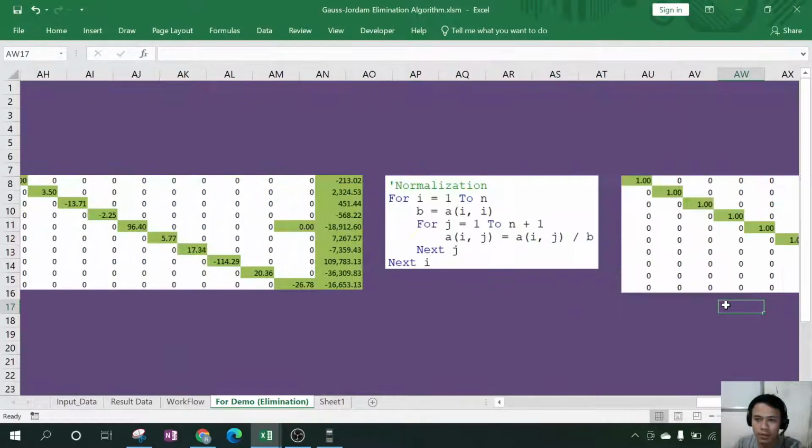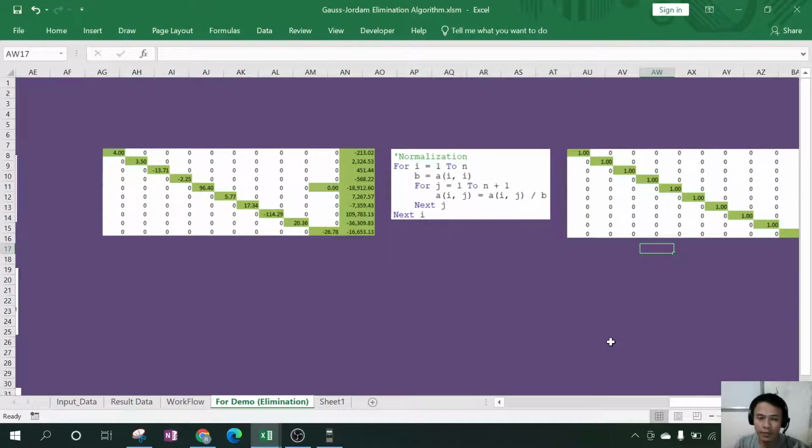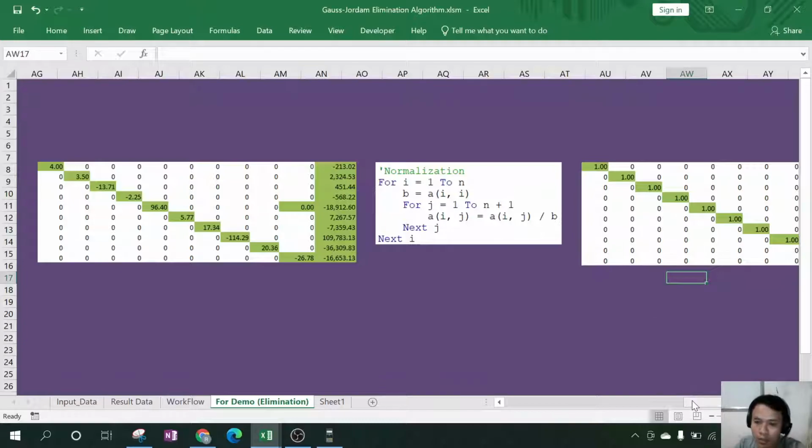Initially our result is this one, but we have to make this coefficient equal to positive 1. So if there is a negative, we will transfer it here. So we need to make a code which is what we call normalization, and it is presented here.